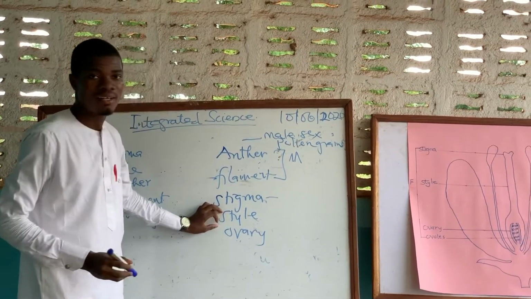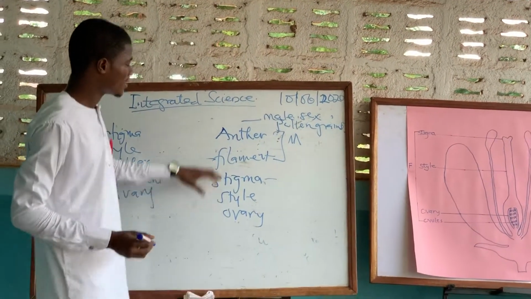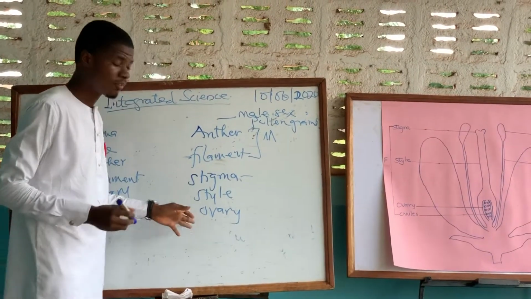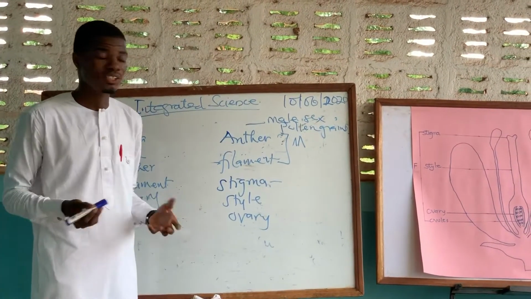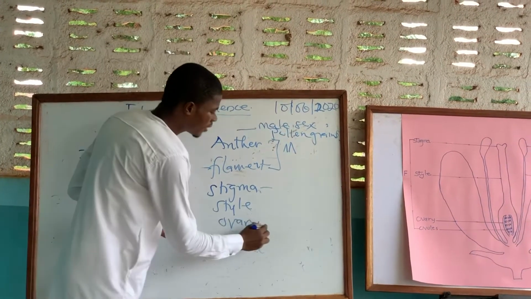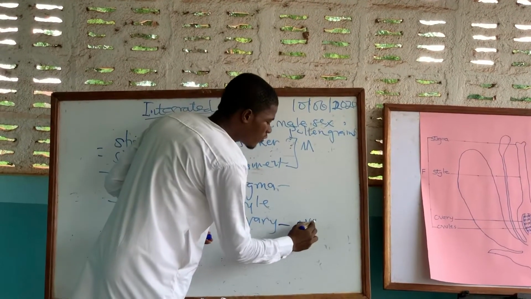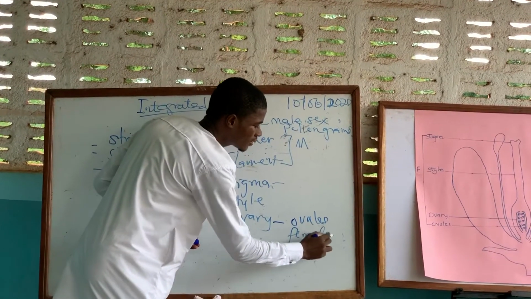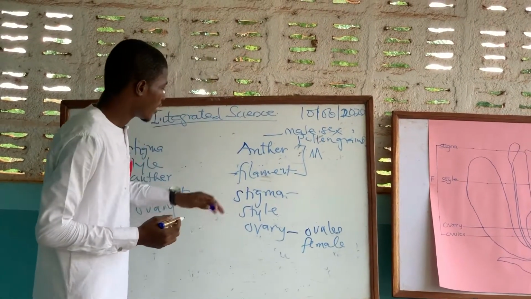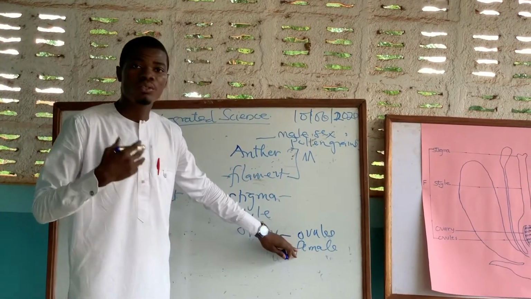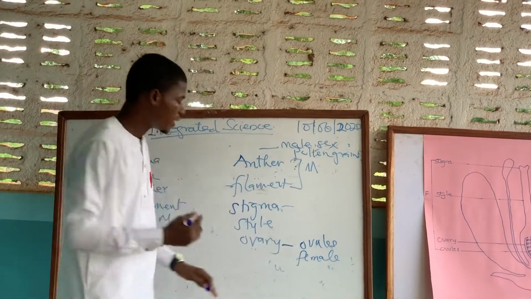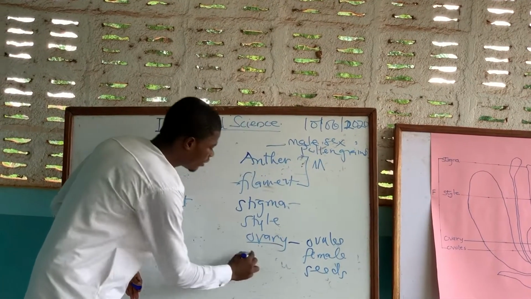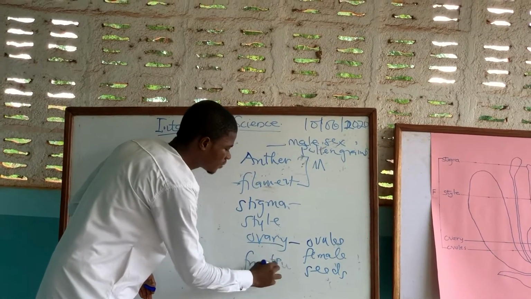Next, we have the style. And the style connects the stigma and then the ovary for the process of fertilization to take place. The ovary contains the ovules, which contain the female sex cells. The ovules would later develop to become seeds, whereas the ovary would develop to become fruits.